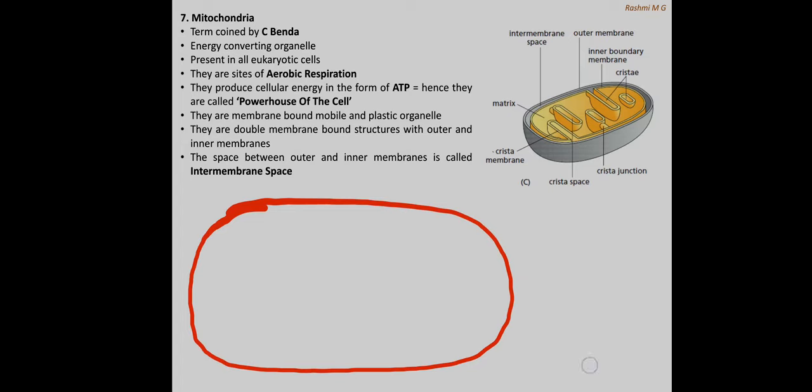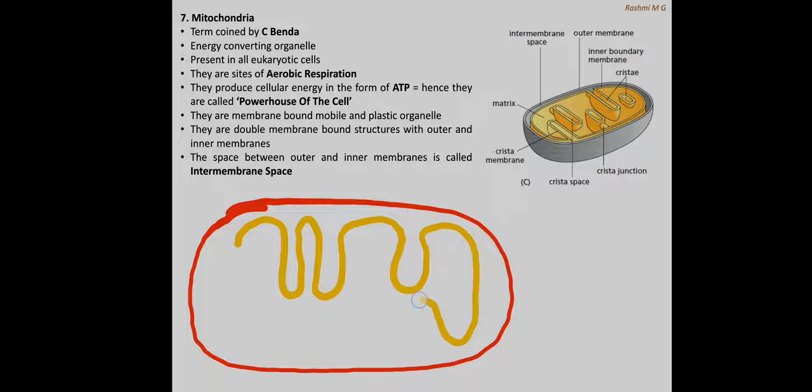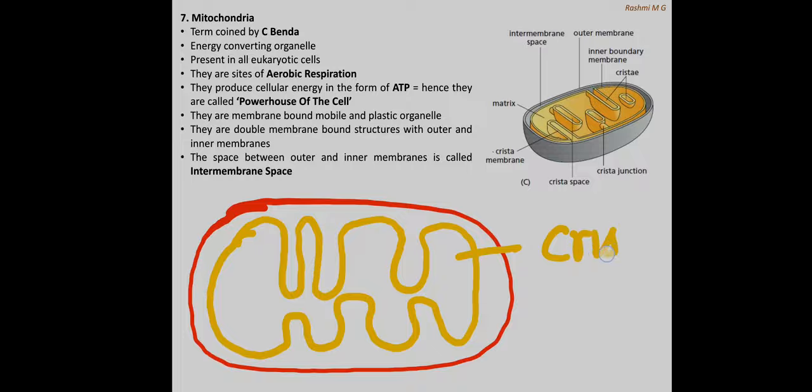There is the inner membrane also. The inner membrane has foldings here and there, and those internal foldings are known as cristae, which greatly increase the membrane surface.